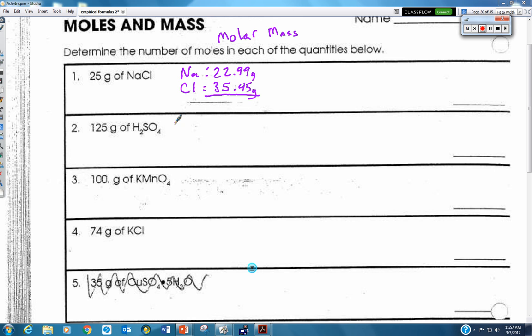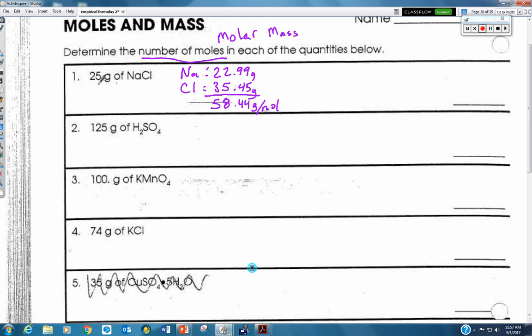When we add up 22.99 and 35.45, we come up with a molar mass of 58.44 grams per mole of sodium chloride. Now, we want to determine the number of moles of each compound.